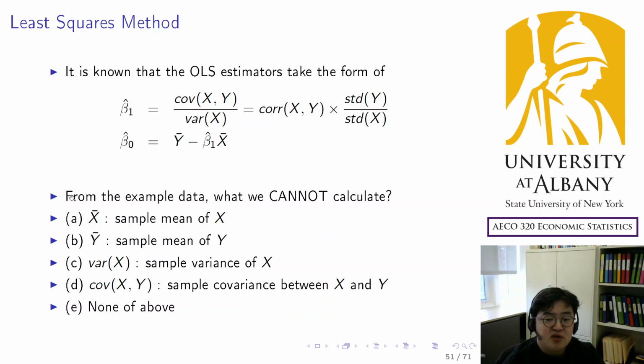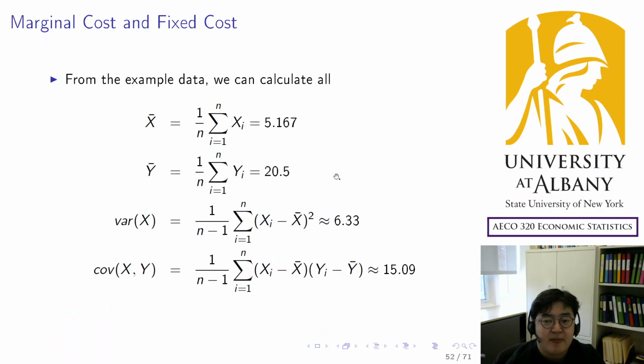And then, if you have the data, what is the problem in calculation? The answer is none. You know how to calculate the sample mean, and the sample variance and covariance. You know Excel can calculate them. So I wanted to say that these are really easy to calculate for a computer, right? In the example data, if you calculate the mean, the variance and the covariance, you get these numbers.